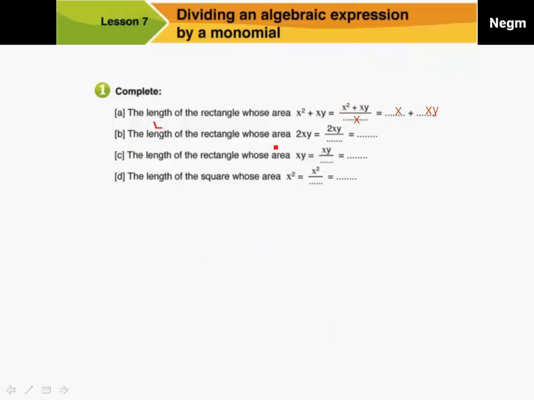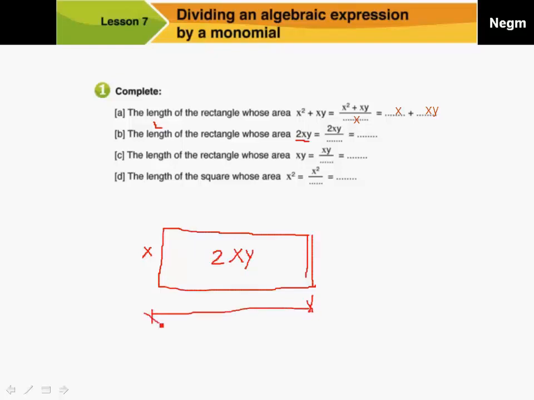The length of the rectangle whose area is 2xy. Also, it is easier to draw a rectangle, and the area of the rectangle is 2xy. We will assume the width as x. The area is 2xy. So, what is the length?